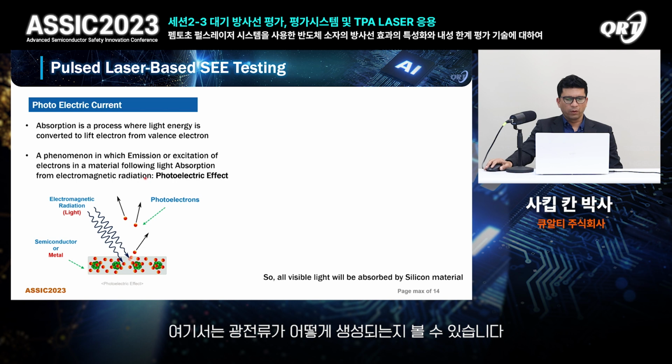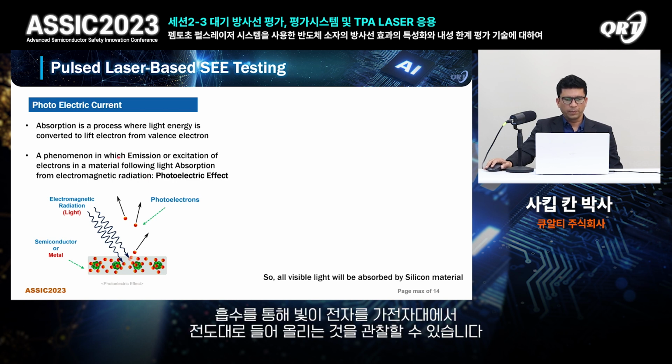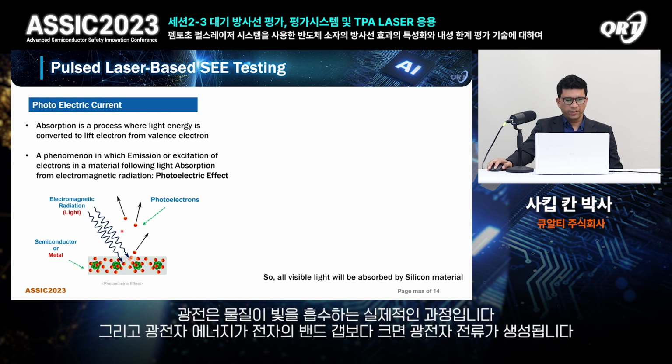Here I have shown how the photoelectric current is produced. Through absorption, the light is absorbed to lift the electron from the valence band into the conduction band. Photoelectric effect is a process when light is shined on a material.